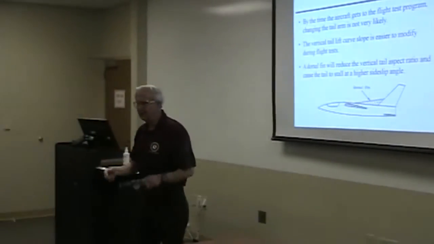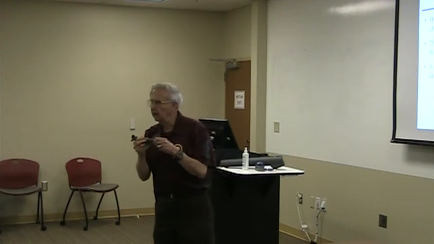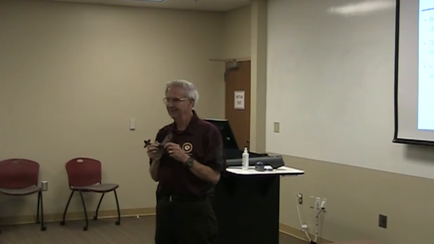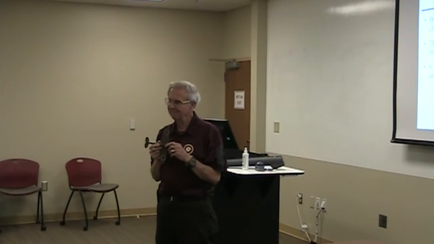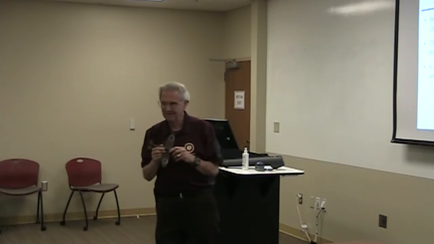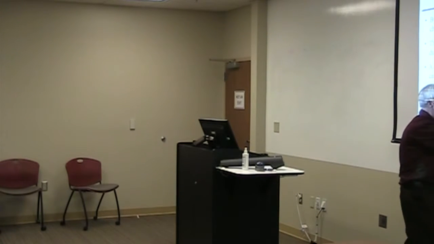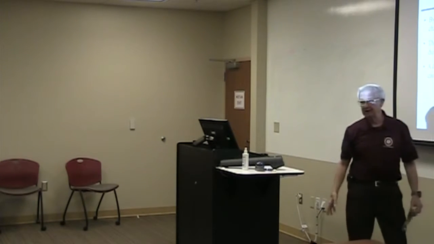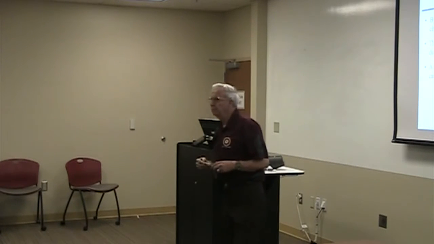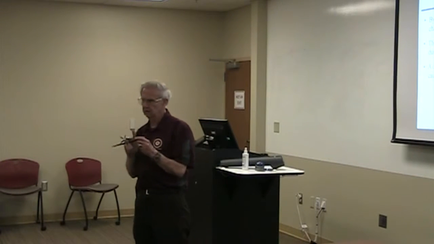So what will that do for the roll-yaw coupling? It's going to reduce it, right? And it will increase the stall angle of attack, which is good on multi-engine airplanes.